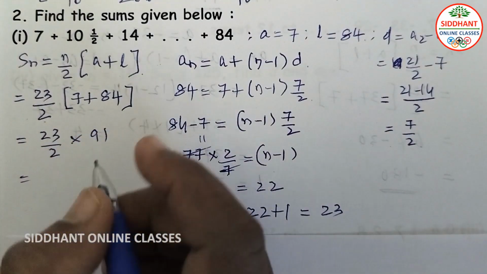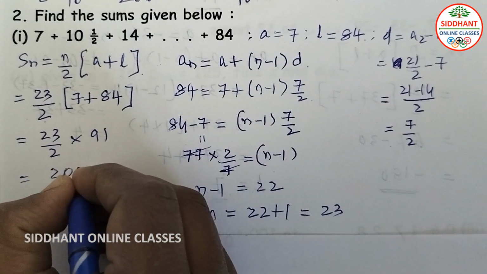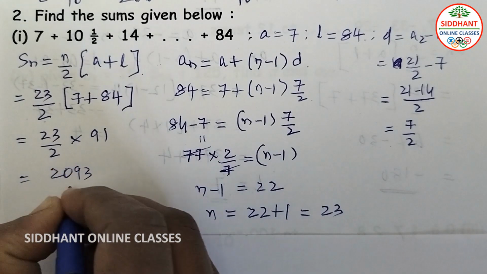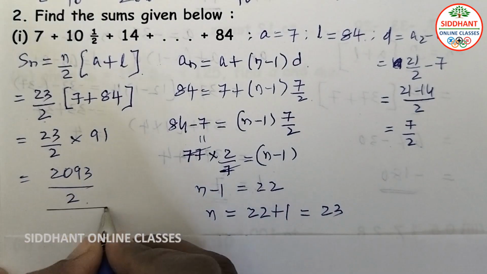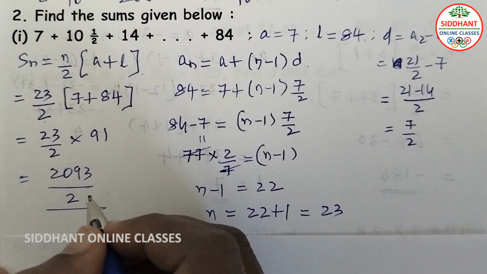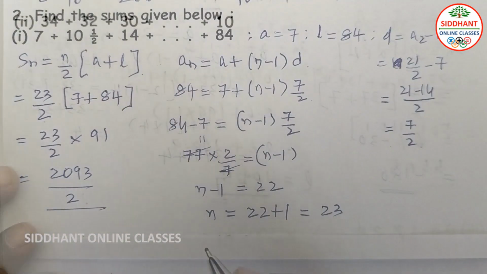Now 23 into 91, which will be 2093 here by 2 here. So this is the sum of the given arithmetic progression here.